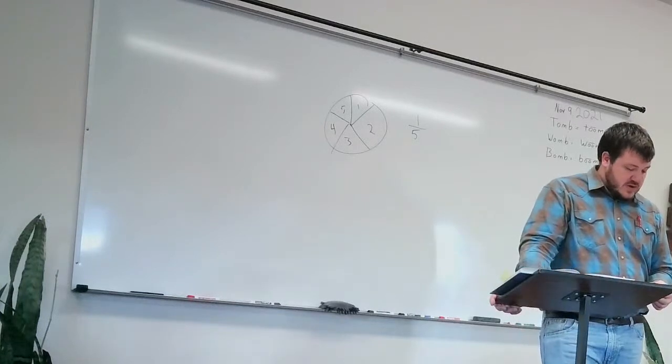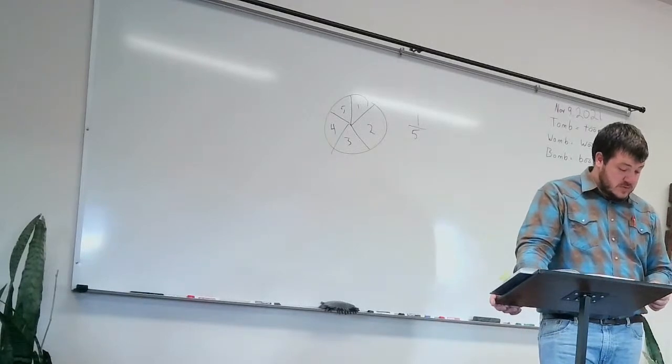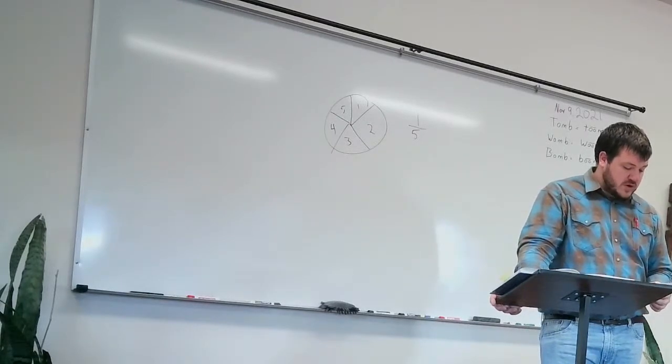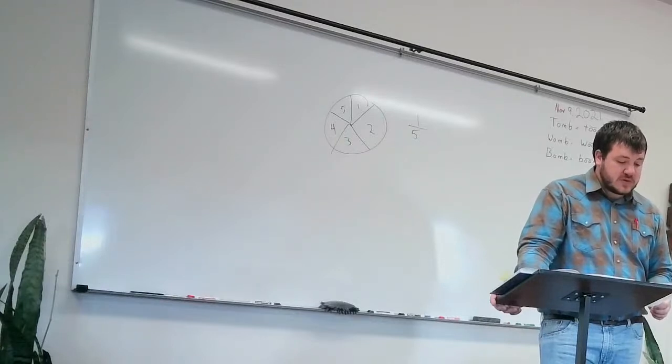17 is negative 22x y squared z. 18 is 60x cubed y squared z to the 4th. 19 is negative xy minus 14y plus 2. Can we read that one again, please?